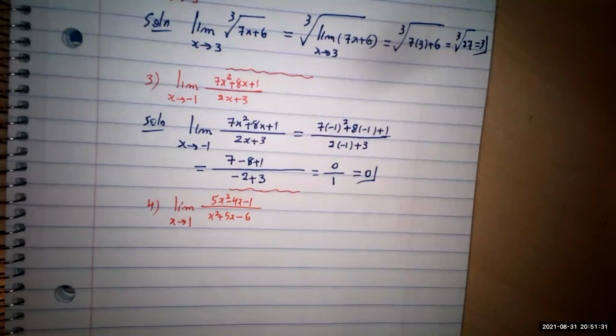Try to see if you can do it. You know that it's a limit of a quotient, a ratio of polynomials, then you do the substitution. Just substitute to see what's going to be the result. Substitute, simplify. What do you have?